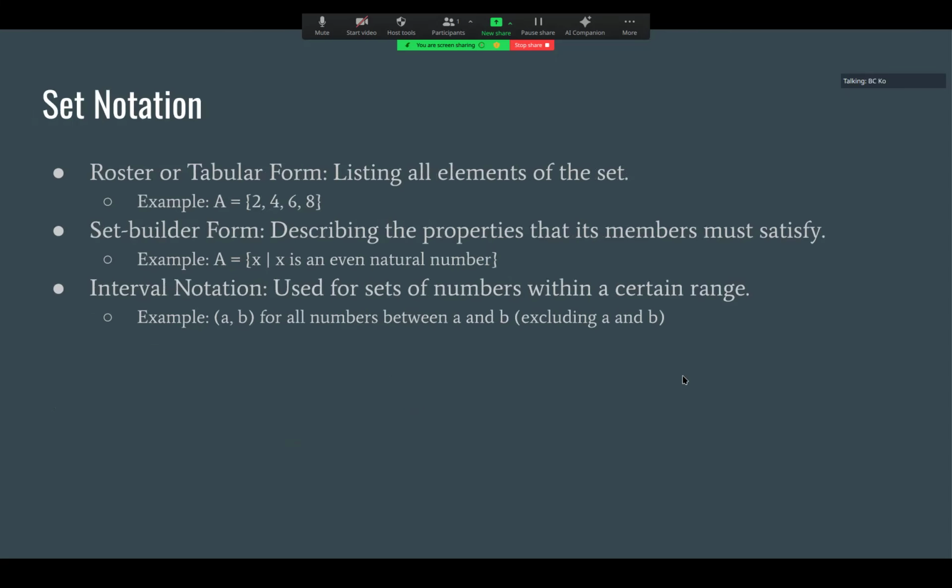Set notation. There are ways to represent sets. The roster or tabular form lists all elements of the set explicitly, and this is probably what you are all most familiar with.